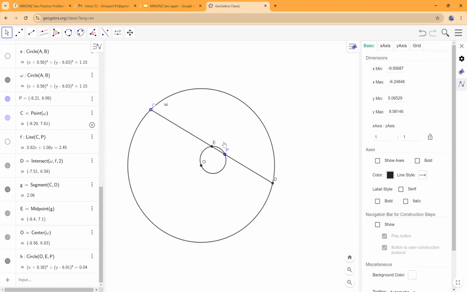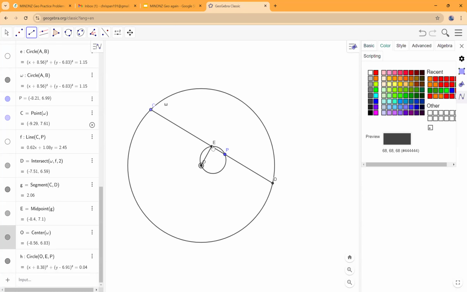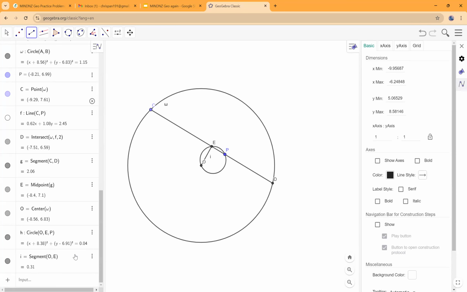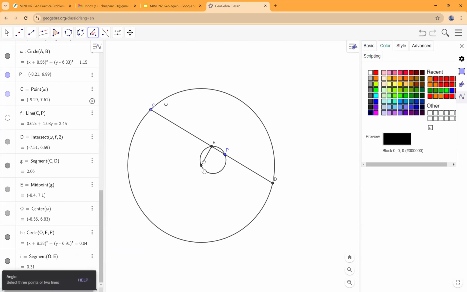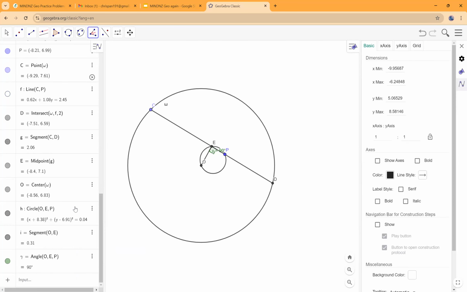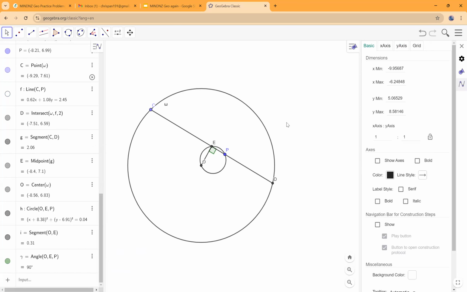So to prove that E lies on the circle with OP as a diameter, all I need to do is show that angle OEP is 90 degrees. If I can show that, then I'm finished by the converse of Thales' theorem. Okay, does anyone have any ideas on how you could show that OE is perpendicular to CD?